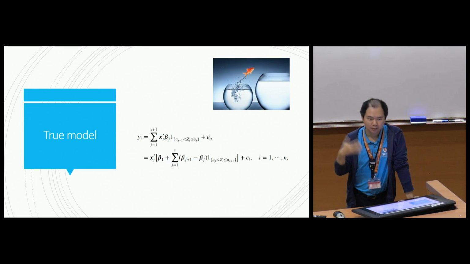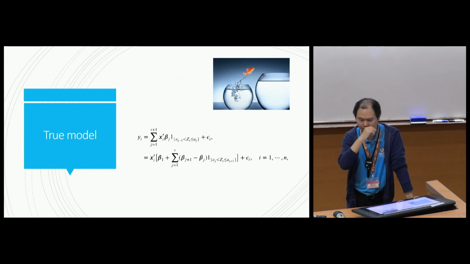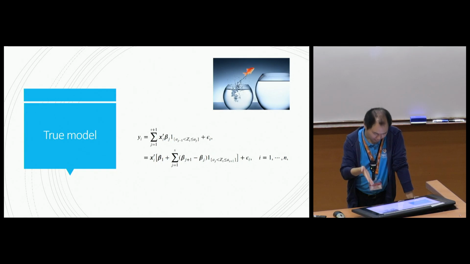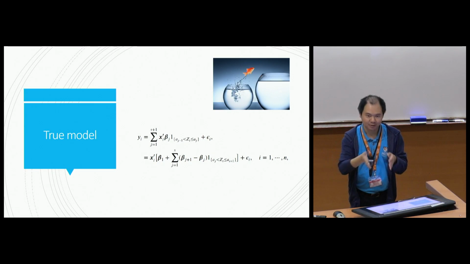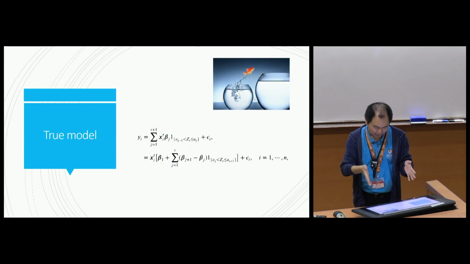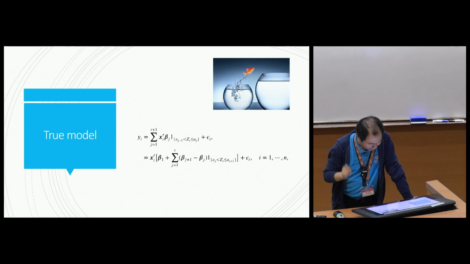So in this model framework, we are looking at the spectrum of this Z variable. We look at the range of the Z variables. A1 is the smallest change point, A2 is the second one, and A3 is the next one. So we have these change points. And these change points divide the region of Z into totally S regions.